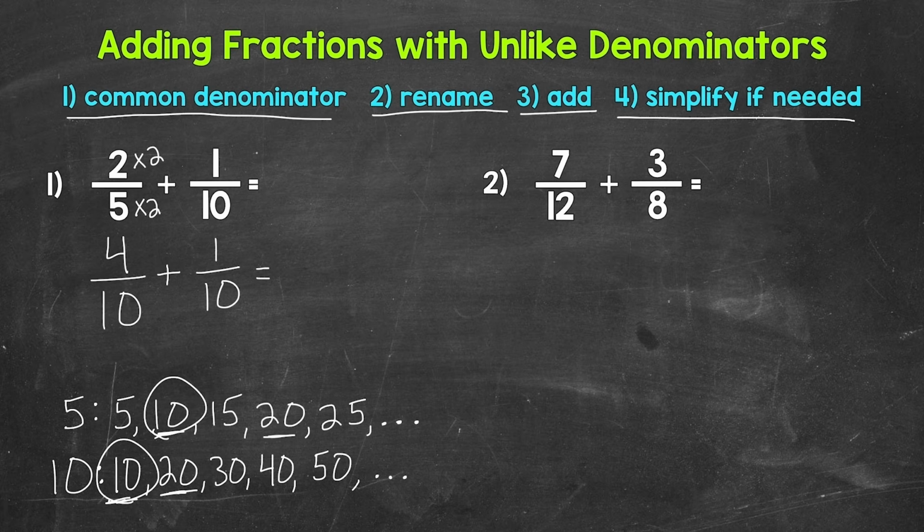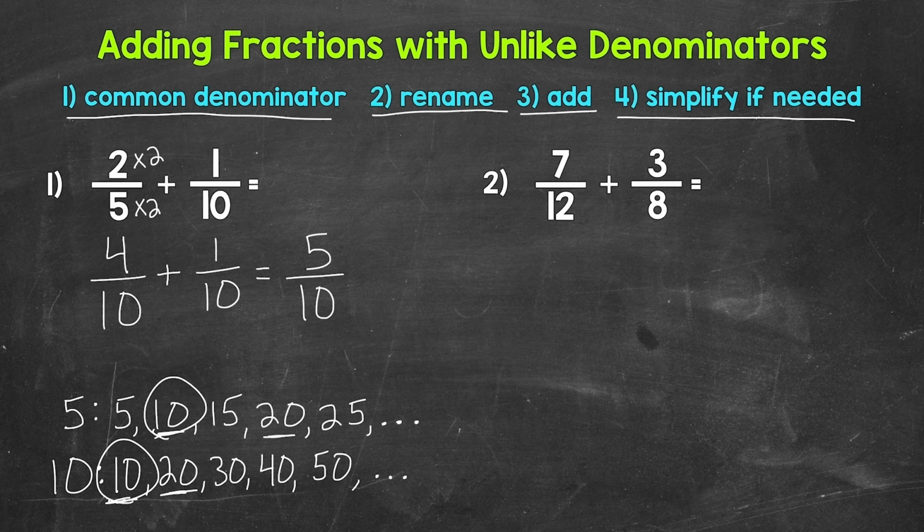So we add our numerators. 4 plus 1 gives us 5. And then we keep that denominator of 10 the same. So we end up with 5/10. And that's our answer. Now, once we have our answer, we can look to see if it can be simplified.